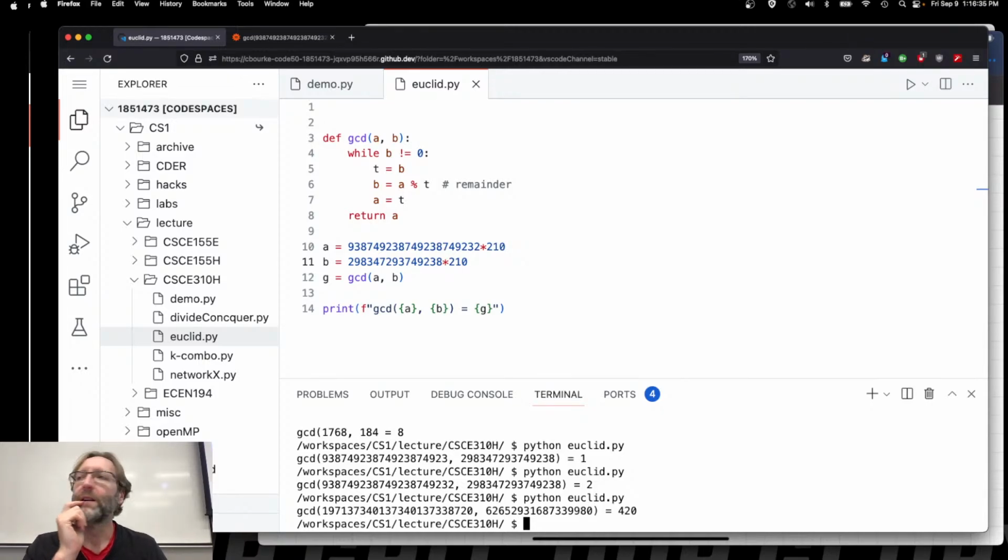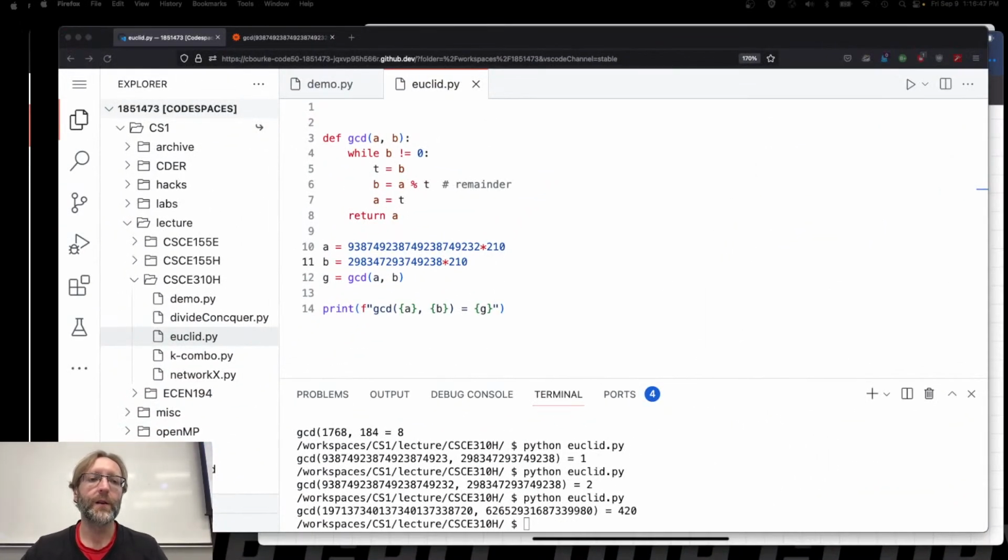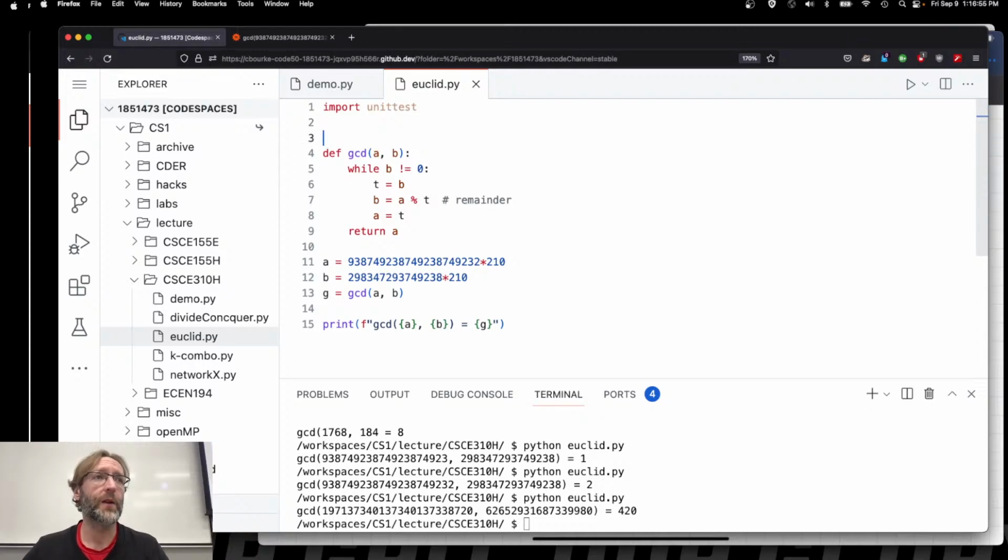Cool. How can we be more formal about that? So we'll take a little bit of a digression on Monday and talk about unit testing in Python. It is this nice built-in thing. I think it comes with just regular old Python. If not, you might have to pip install it, unittest. And the magic of it, if you prepend any function with the word test underscore, that becomes your unit test.